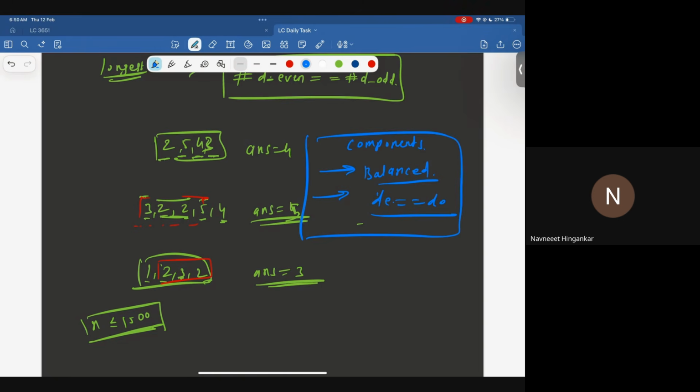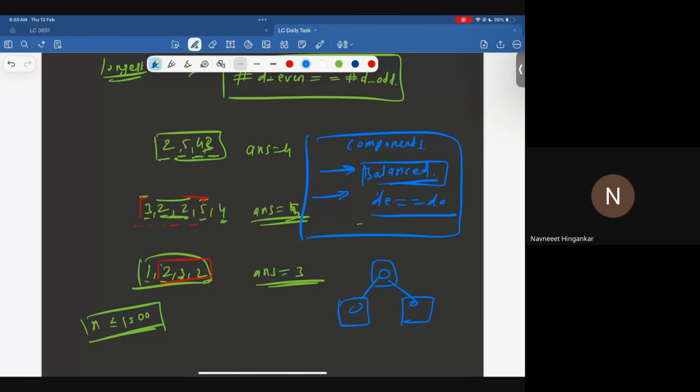So after seeing balanced, it's very easy: if we need to balance two things, like on a weighing scale, we need to put some quantity here and some quantity here.